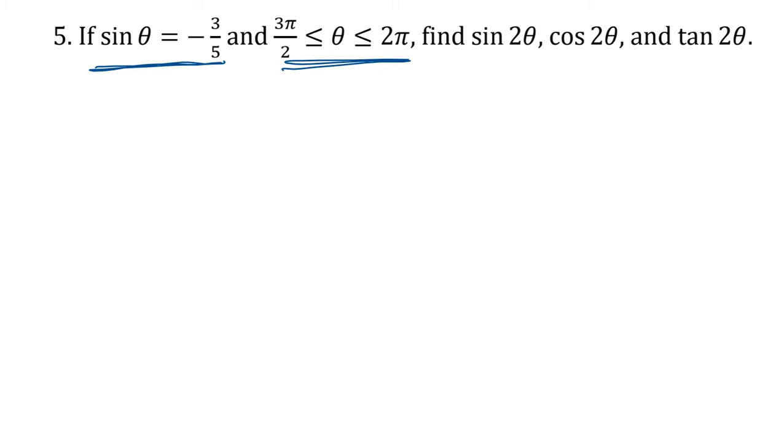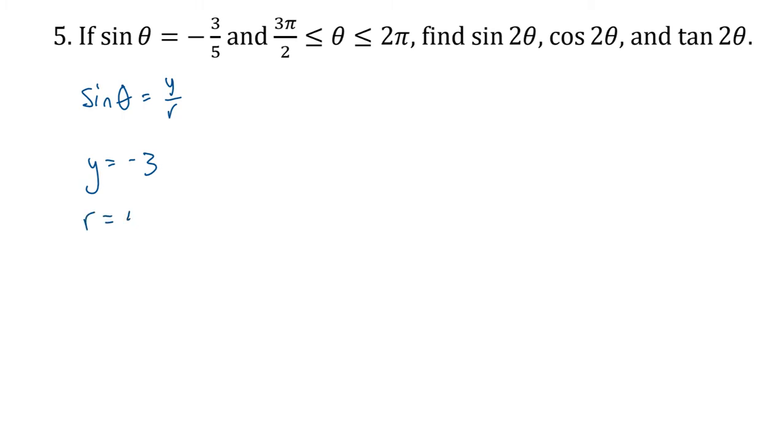So from 3 pi by 2 to 2 pi is quadrant 4. Sine is negative in quadrant 4. We take this information and we split it up into sine theta is y over r. So I know y is negative 3. R is 5.